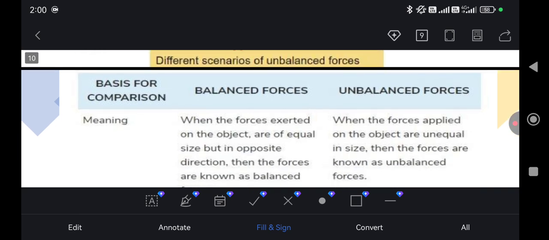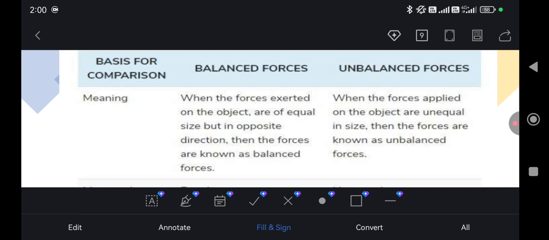Now let's compare balanced forces and unbalanced forces. First you should know about balanced forces and unbalanced forces. When the forces exerted on the object are of equal size but in opposite direction, then the forces are known as balanced forces.